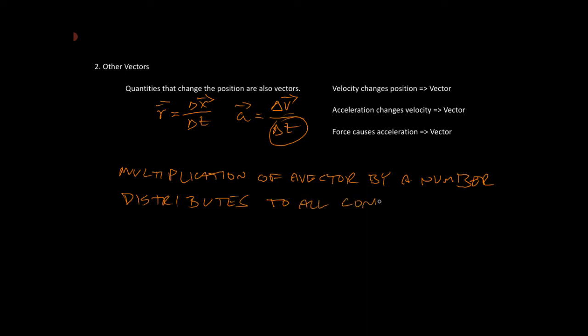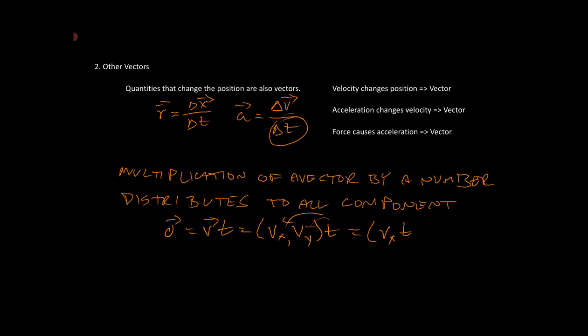Components of the vector. Right? We just talked about the x component, the y component, and the east component, and the north component, and all that sort of stuff. So if you have a displacement d, it's going to be the velocity times the time. Velocity has an x component and a y component, right? We multiply that by the time. We just distribute that in, right? So each component gets multiplied by t: vx t, vy t. That looks pretty good.